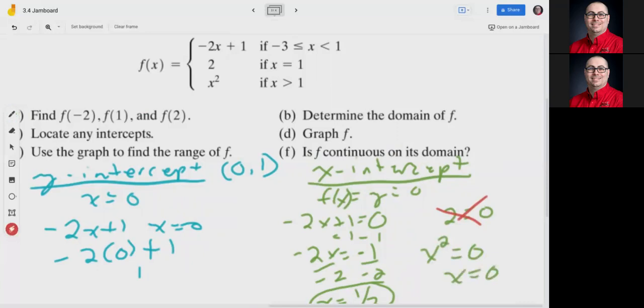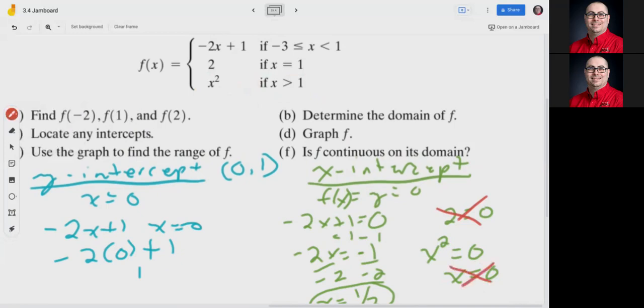So we do have a point where x squared will equal 0, and that point is where x is equal to 0. Is that allowed within the range defined for that piece? It is defined as x squared when x is greater than 1. 0 is not greater than 1. So that is not allowed for that piece.